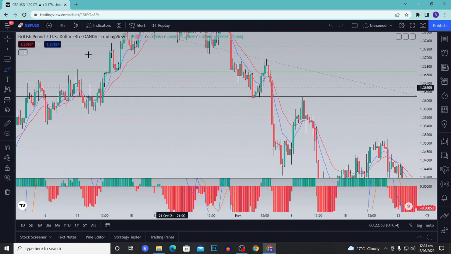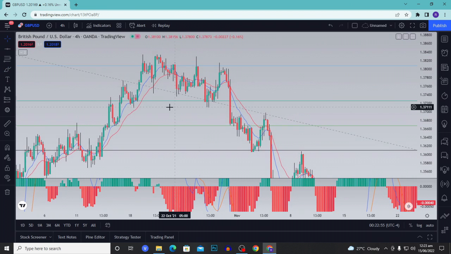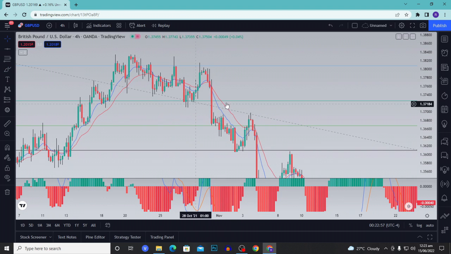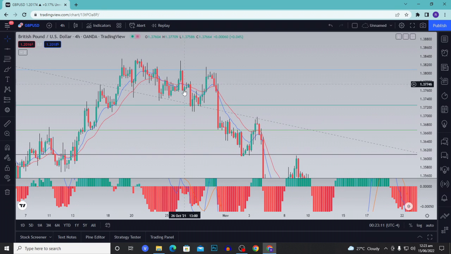And remember, the next thing we need to look for, since we're looking for a sell, is the 20 exponential moving average, or the red exponential moving average, to be above the 10 exponential moving average, and in this case we have that.